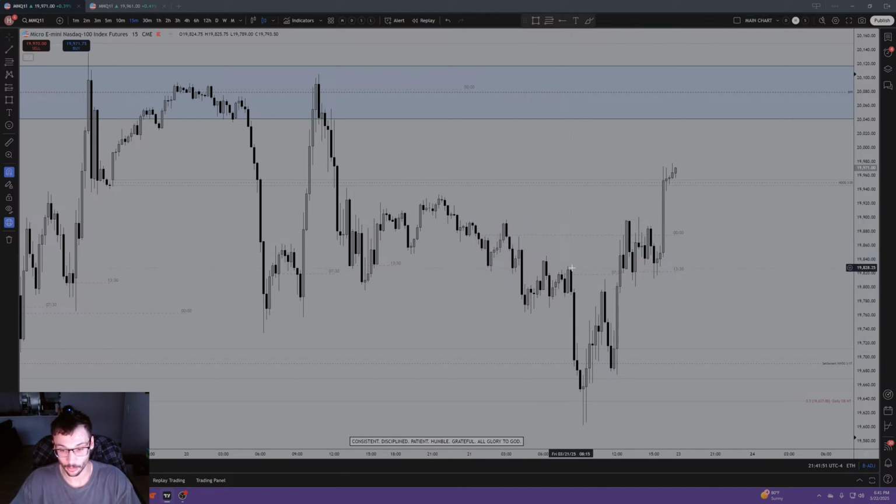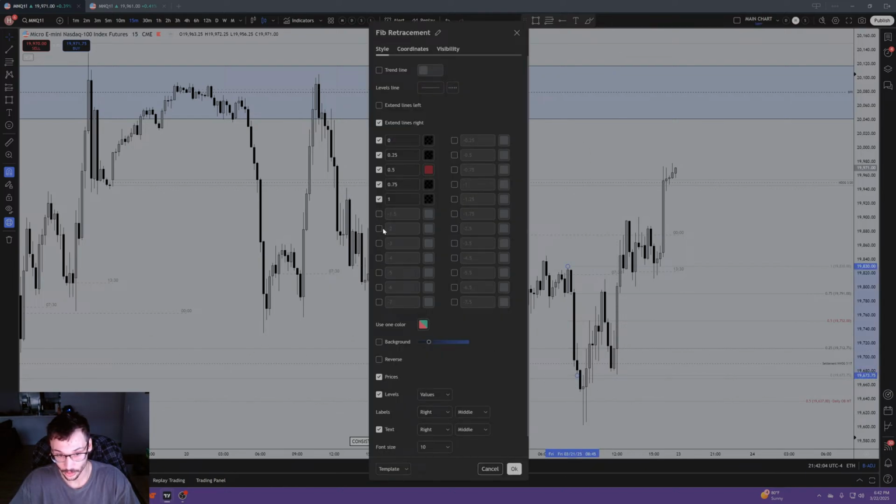Okay, so you have the bond opening range, that's 8 to 9 a.m. Same thing, 8 to 9 a.m. Put that on there. It comes down through it. Let's see how far it goes through it. 0.25, 0.5, right?